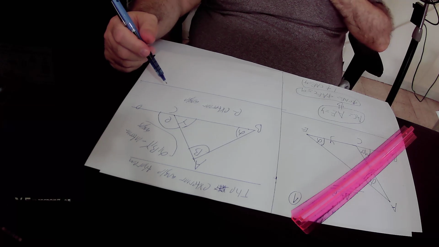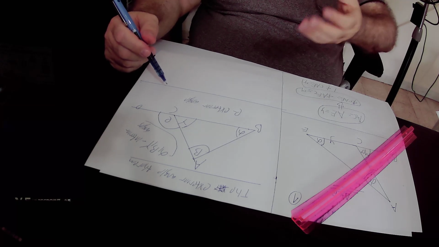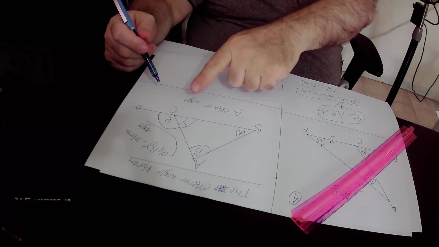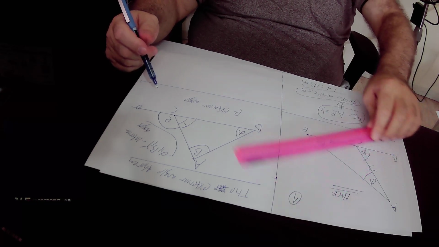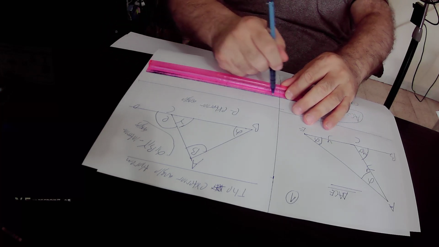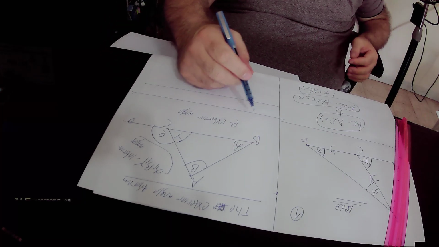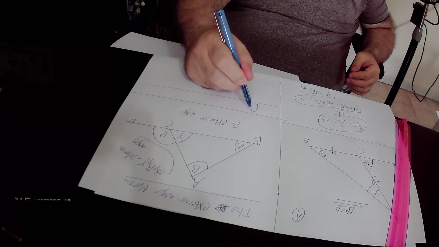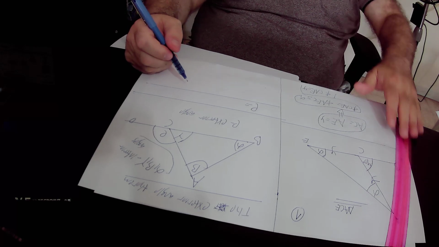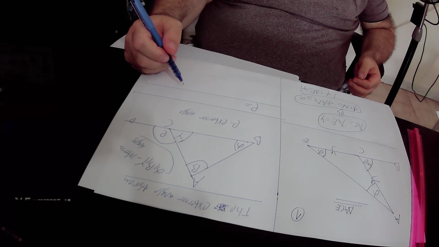So actually, the exterior angle theorem gives us the size of the exterior angle E. What is the size of the exterior angle E? According to the exterior angle theorem, the size of the exterior angle E will be equal to the sum of the two interior angles that are not adjacent to it.